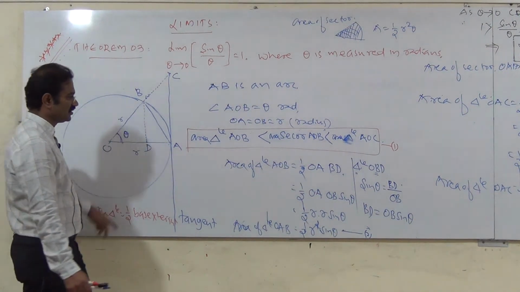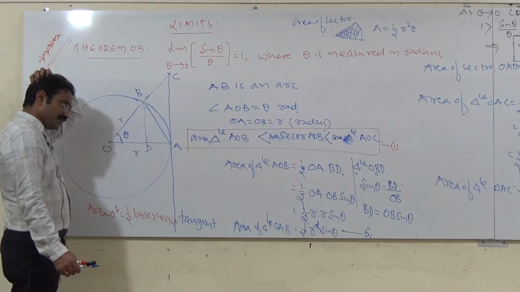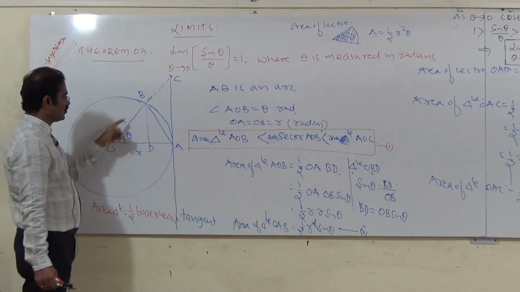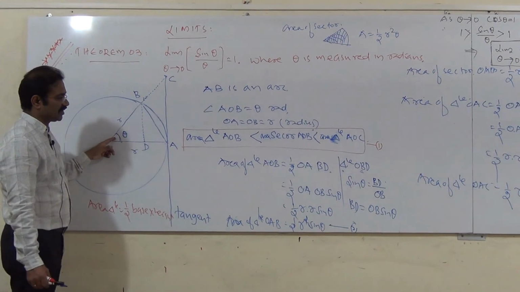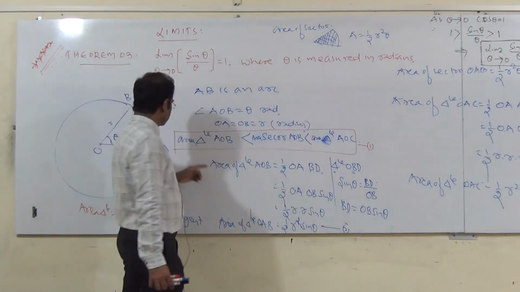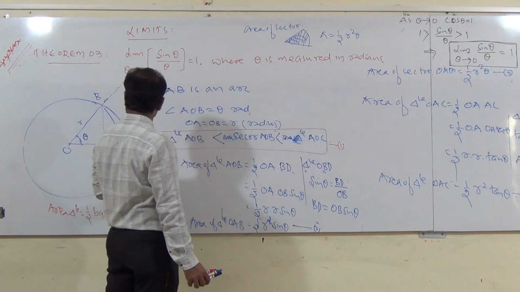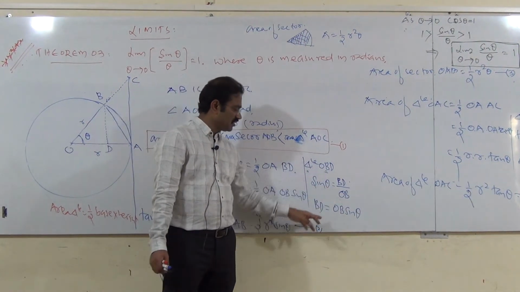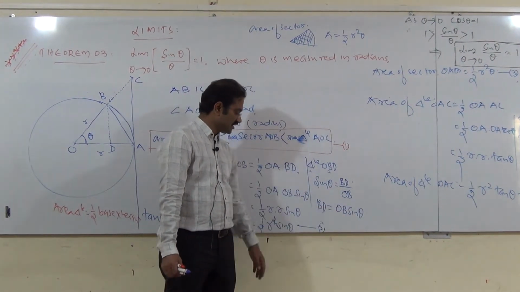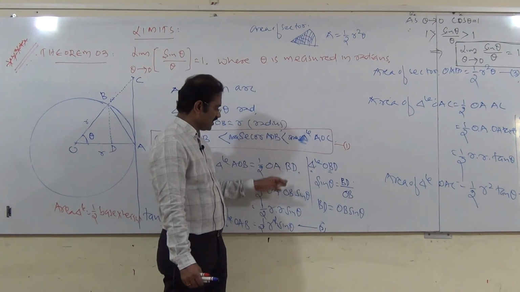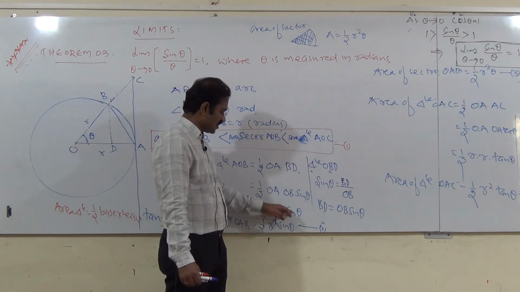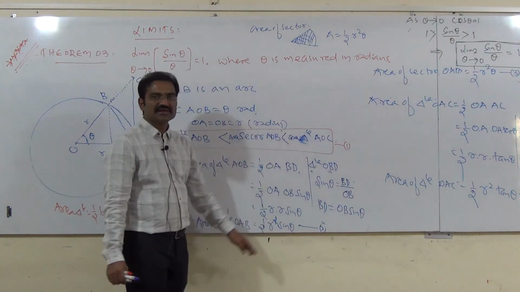OA into BD. We have to calculate BD. In this triangle OBD, if we define sin theta, it is opposite side divided by hypotenuse, BD by OB. BD is equal to OB into sin theta. 1 by 2, BD is equal to OB into sin theta, R into R sin theta, R square sin theta.